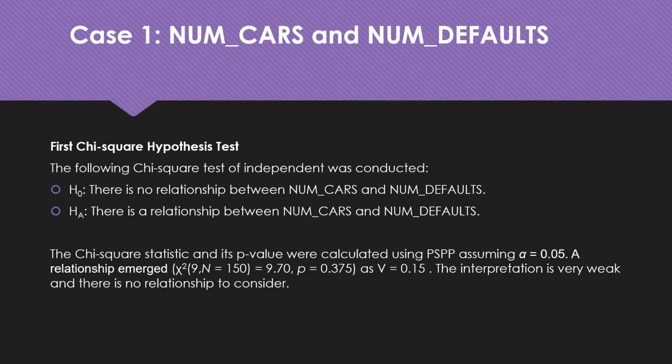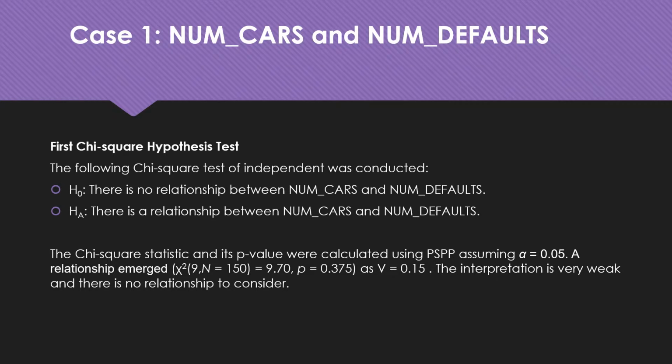Case number 1, the first relationship, is the number of cars and the number of defaults. The null indicates there's no relationship between the number of cars and the number of defaults. The alternative indicates there is a relationship between the number of cars and the number of defaults. The chi-square, indicated by x2, and the 9 indicates the degrees of freedom.